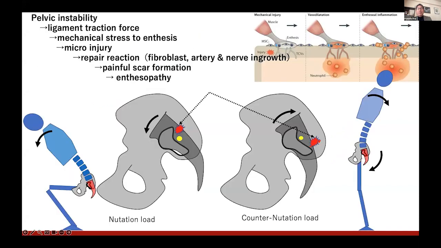In other words, pelvic instability causes traction forces on the posterior SI ligament. The mechanical load applied to the ligament attachment area causes microinjury of the ligament attachment area, resulting in enthesopathy and causing SIJP in the area of the posterior SI ligament.